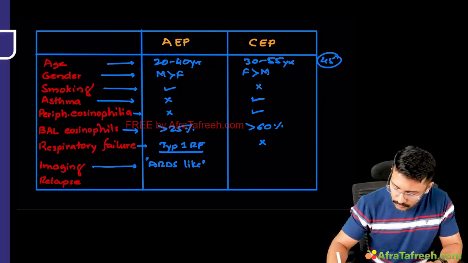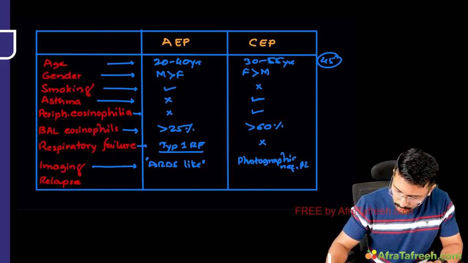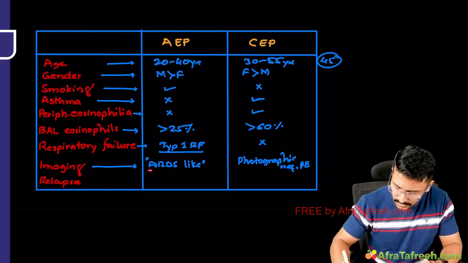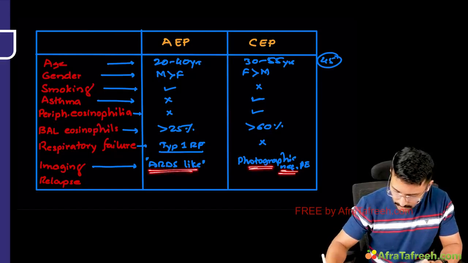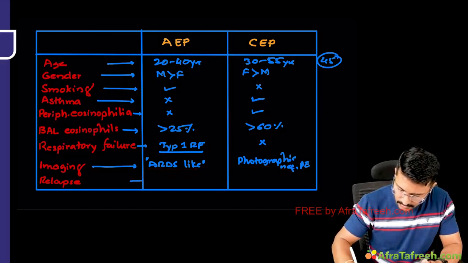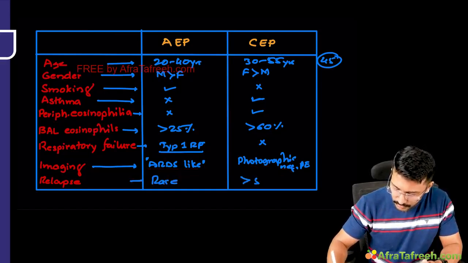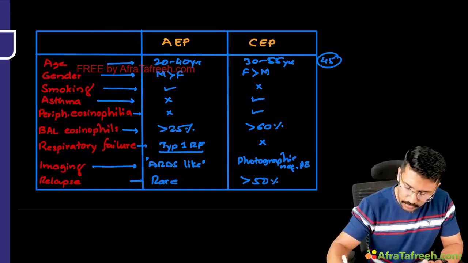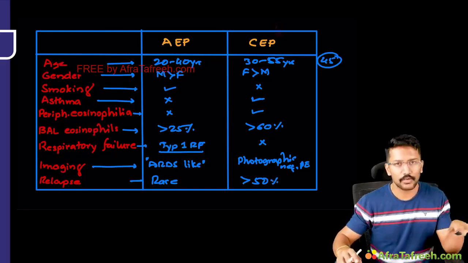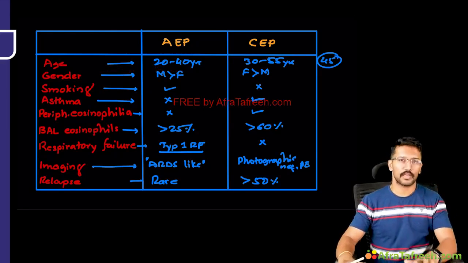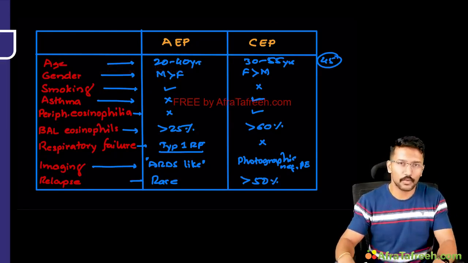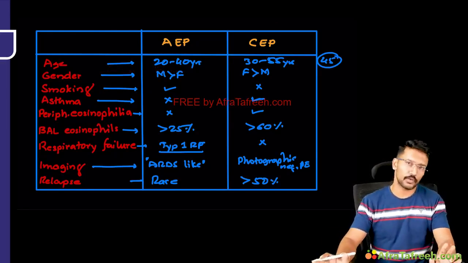And in chronic eosinophilic pneumonia, we learned about something called photographic negative pulmonary edema, or you can simply say that here it is ARDS-like and here it is the reverse of ARDS-like. Relapse is very, very rare in acute eosinophilic pneumonia. More than 50% of patients relapse in chronic eosinophilic pneumonia, right? So I think we have addressed all the MCQs that can be asked from these two. Even if they ask you a clinical oriented question, you should be able to answer now.